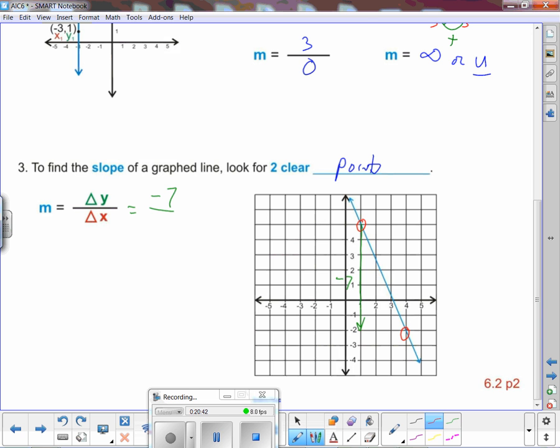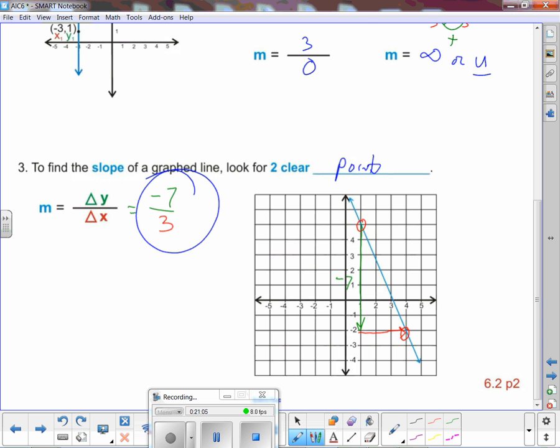The bottom is the horizontal change. From here, what do I have to do to hit the point? 1, 2, 3. I go to the right 3. That's a positive 3. I just found the slope of that line. Slope is negative 7/3. Do you agree?